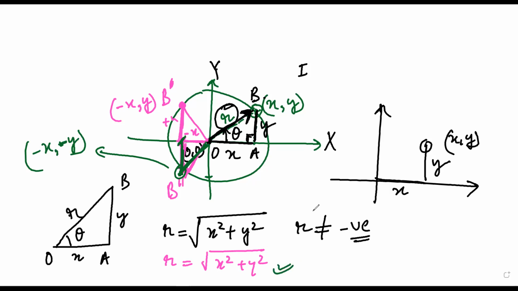Do you see that? And similarly, if my b comes to the fourth quadrant, again my x becomes positive, but my y becomes negative. Do you see that? But my radius remains positive.